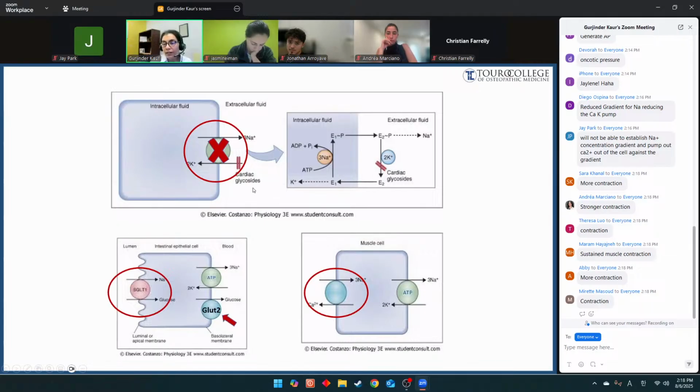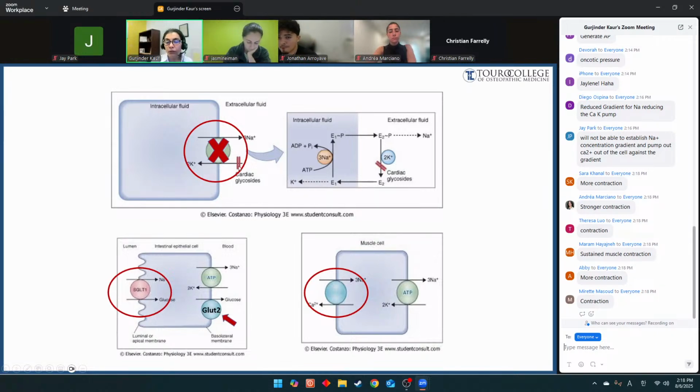Initially, as I told you, these cardiac glycosides, digitalis, were given to heart failure patients or to get them out of arrhythmias. So you give them, and you get a nice magnitude of contraction by trapping more calcium in.